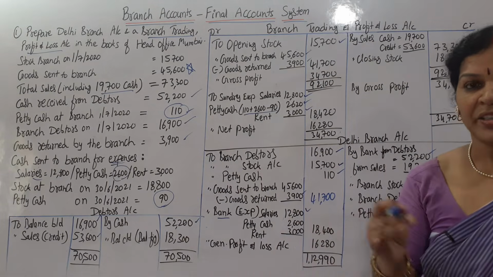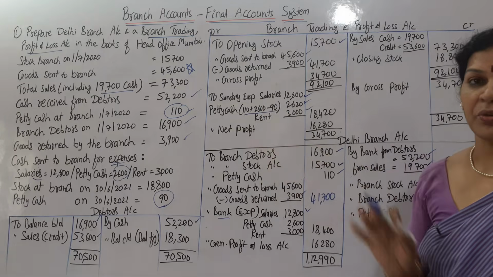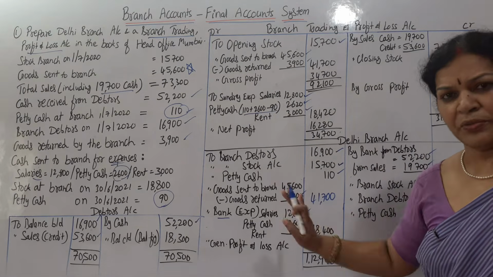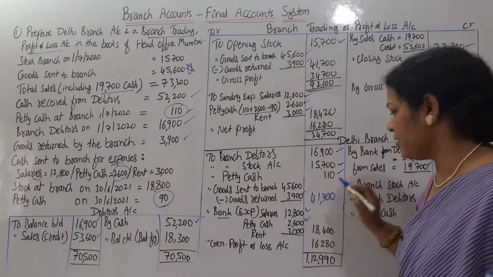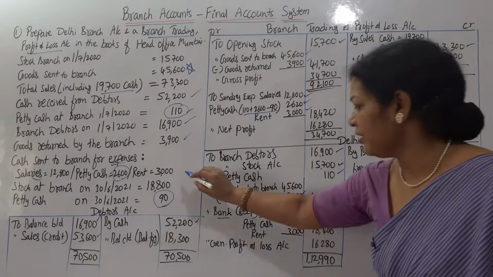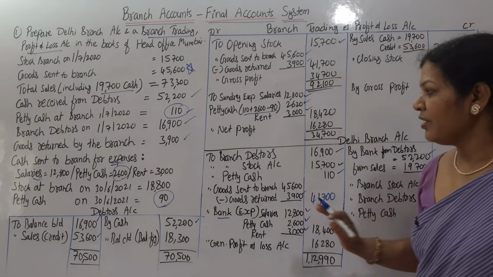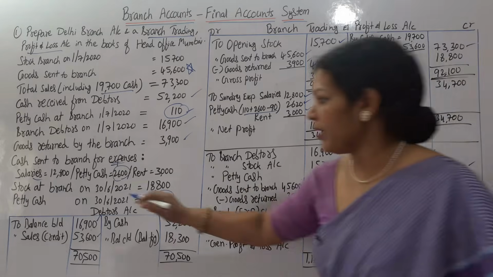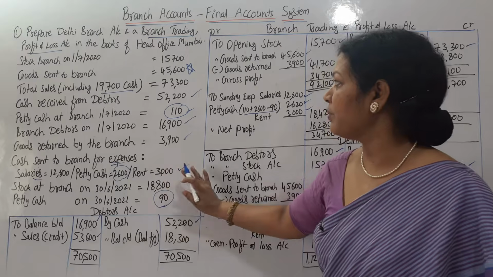We don't add or deduct as we have done here, because the trading and profit and loss account is different. And in the branch account we need not touch anything, as it is 2600, it's written. Next, rent 3000, altogether 18,400, right? So this is over. And closing stock 18,000, so all the expenses I have written.